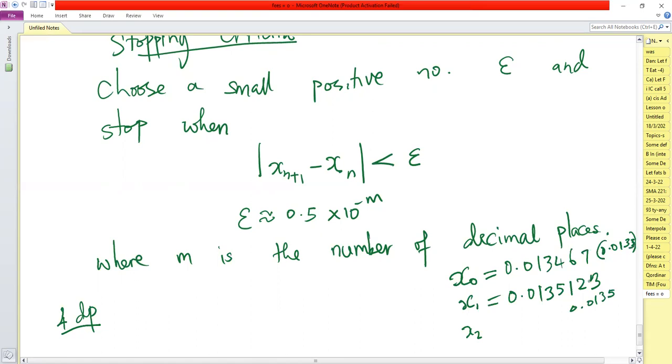So assuming this was the case, then you are allowed to say that the answer to the equation you're trying to solve is 0.0135, because the values of consecutive iterations, when rounded off to the level specified, give the same answer.